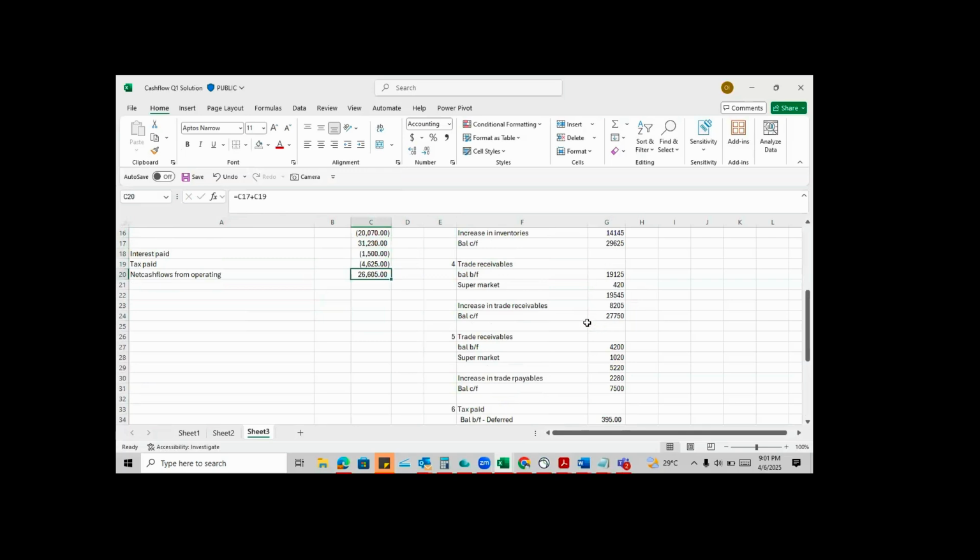So this net cash flow should also include this. Okay. All right. Now we are done with net cash flows generated, when it is a positive amount.